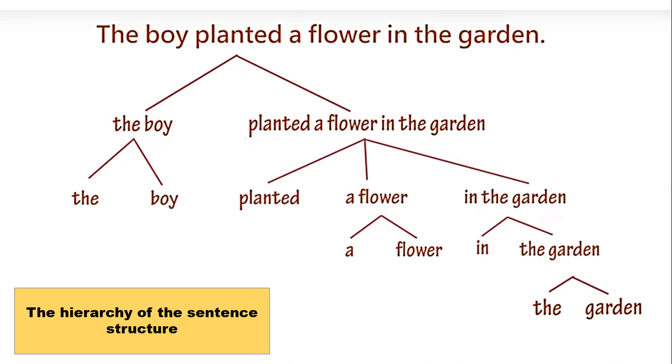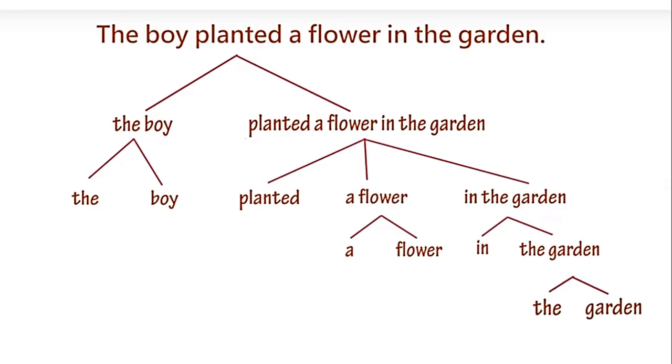As we defined sentence a while ago, a sentence has a structure and a hierarchy. So what does hierarchy mean? Let's use the highlighter pen tool for me to explain it to you. Take the word garden. Before they become part of the sentence, they have to enter the hierarchy.